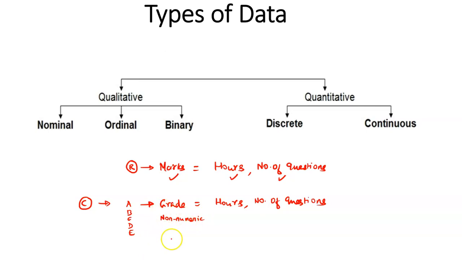We also looked at one more example: whether a student will be a topper or not. And we used the same set of independent variables, hours and number of questions.